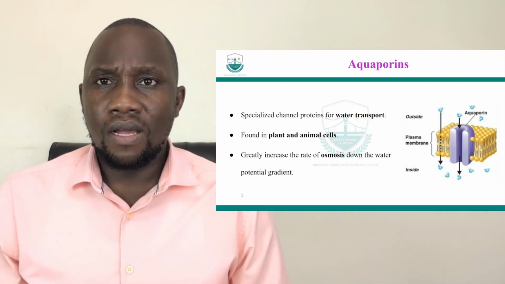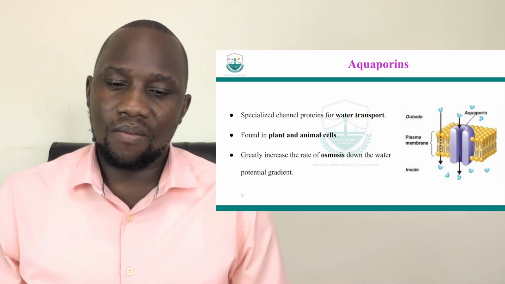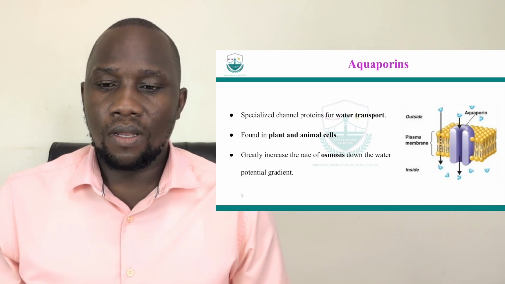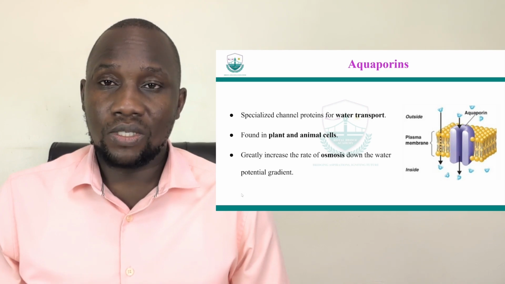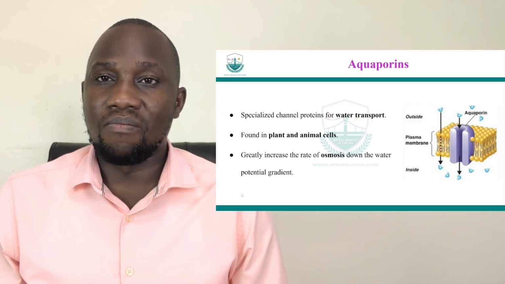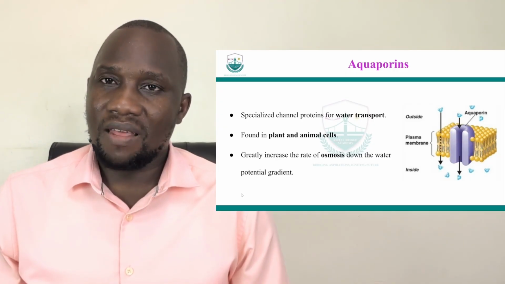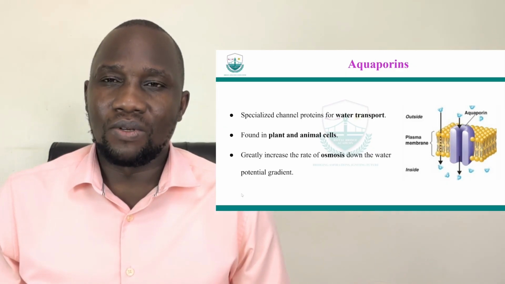In plants, for example, we have special carrier proteins that we call aquaporins. The aquaporins are found in plants, but some animal cells also have them. They increase the rate of transport.